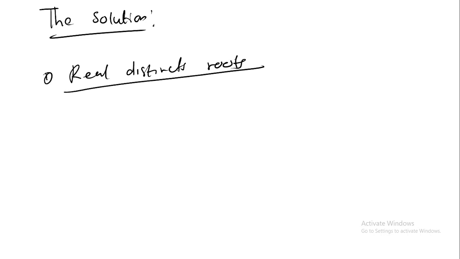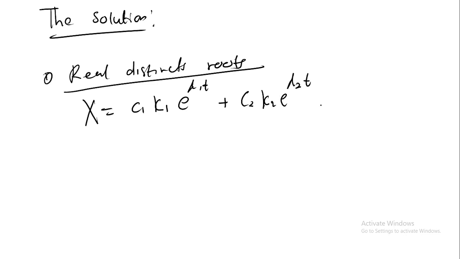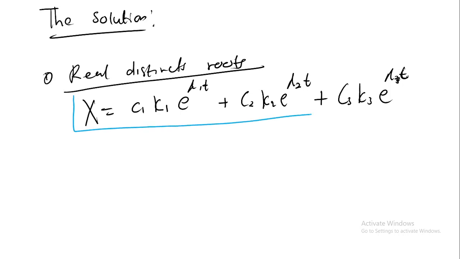The solution of real distinct roots is given by x equals c1 k1 e to the exponent lambda 1 t plus c2 k2 e to the exponent lambda 2 t plus c3 k3 e to the exponent lambda 3 t. This is the solution for real distinct roots.